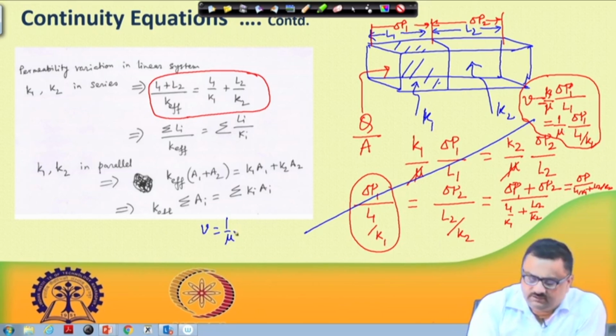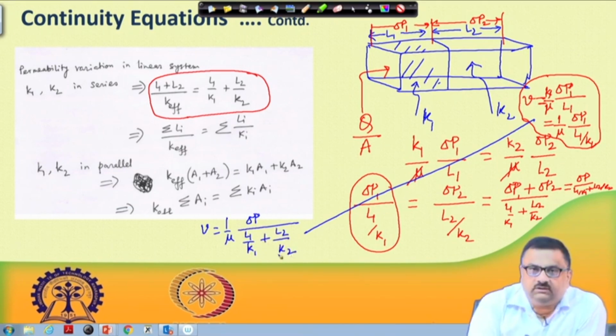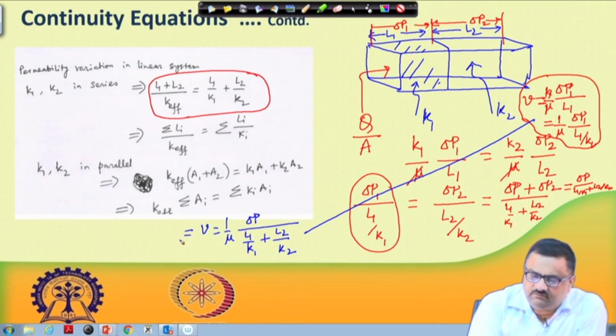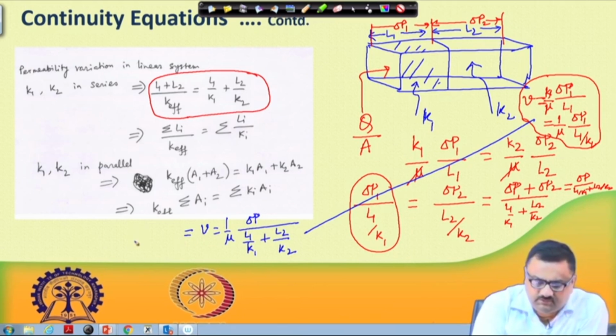So, that means it is equal to 1 by mu delta P divided by L1 by K1 plus L2 by K2. On the other hand, for the Darcy velocity overall, we are looking for that magic permeability which we are calling effective permeability, right.